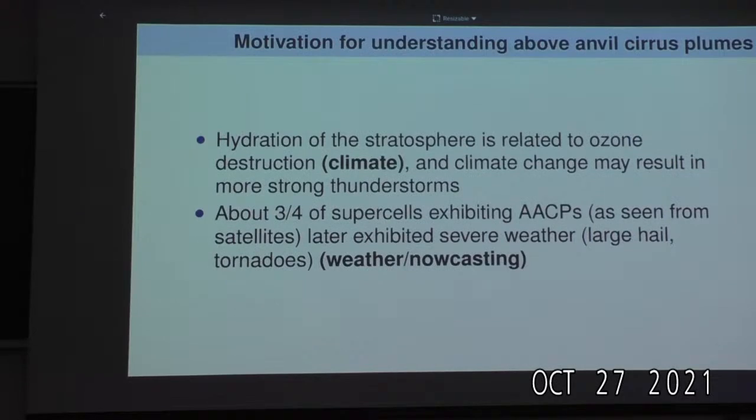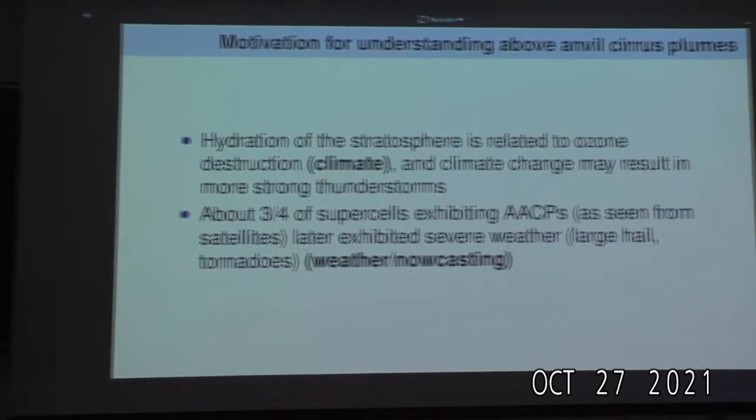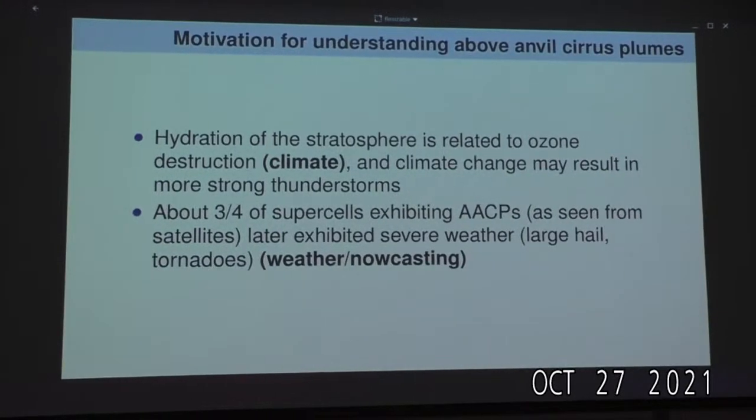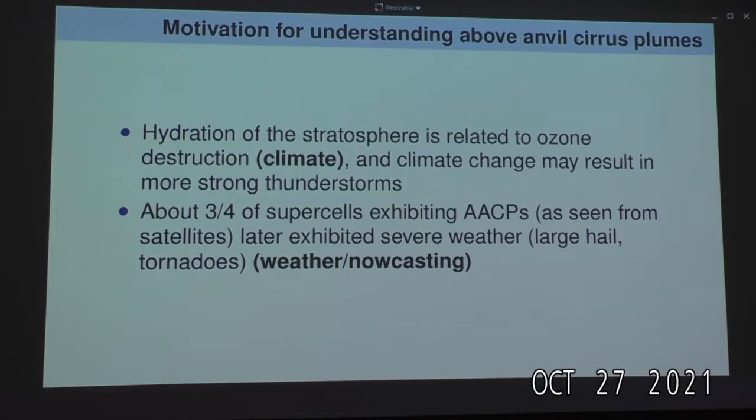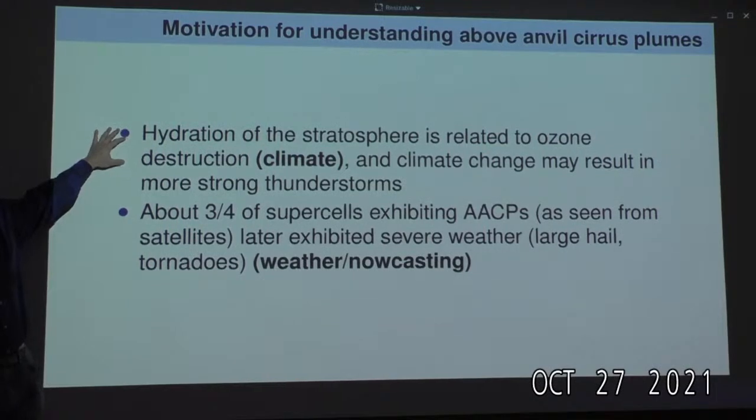Okay, so the reason why I think this research is considered high impact is because AACPs, Above Anvil Cirrus Plumes, which I'll give some examples in a moment, actually have really important potential implications in both weather and climate. We've discovered a mechanism by which we mix air from the troposphere and the stratosphere, and this is what causes AACPs.